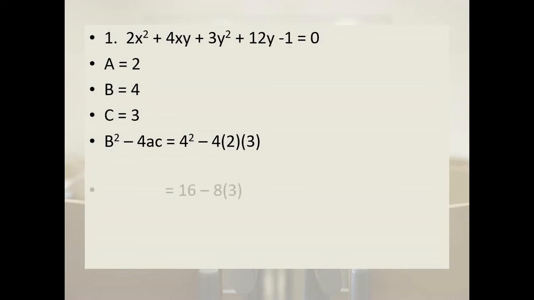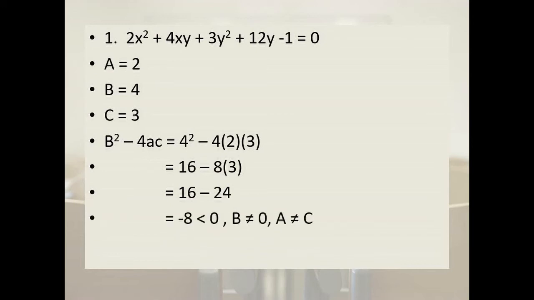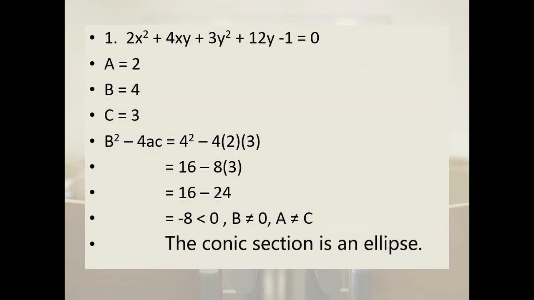It is equal to 16 minus 4 times 2, which is 8, multiplied by 3. So that is 16 minus 24, which is equal to negative 8. Negative 8 is less than 0, and B is not equal to 0 and A is not equal to C. So the conic section is an ellipse.